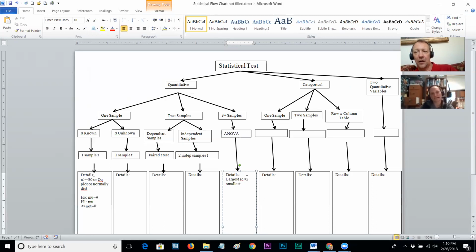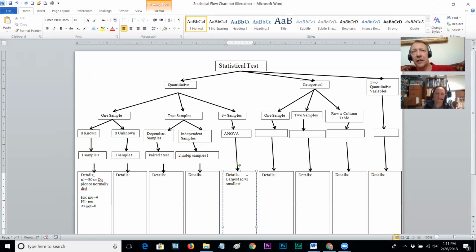Okay, so quick question with the sample. If they don't give a sample size like n, or say it's normally distributed, then you go to your QQ plot. That's the order of how it works, right? Well, you pretty much should always know your sample size.